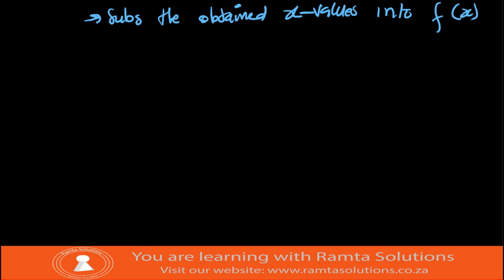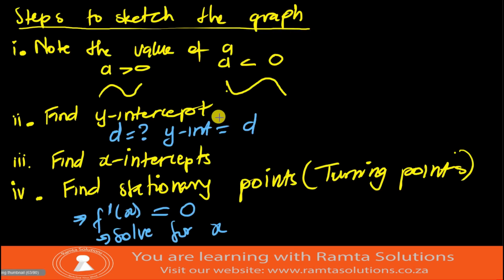Pay attention, I am not saying f prime x, I'm saying f of x. Substitute the obtained x values into f of x. This will give you the corresponding y values for the x values you obtained when you were solving for x.